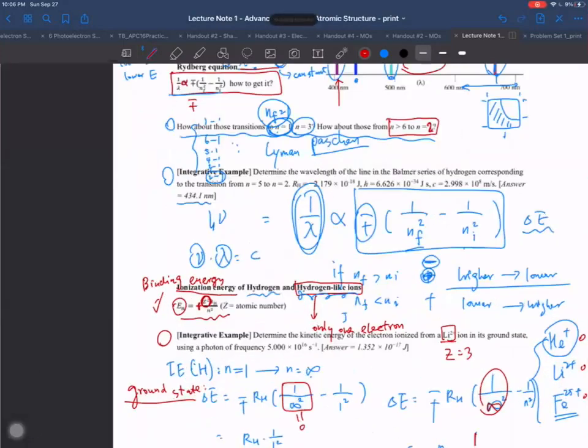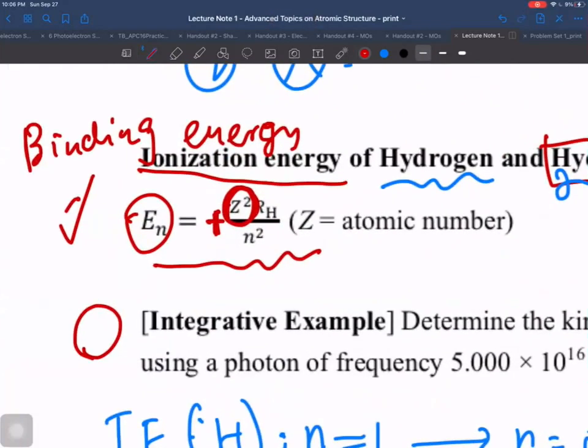Our final equation is here. It's En equals RH over N squared. That means the energy is ionized from a certain excited energy level to infinity, because the energy at infinity is 0. So you can always start from any value of N. Does this make sense to you? Okay.